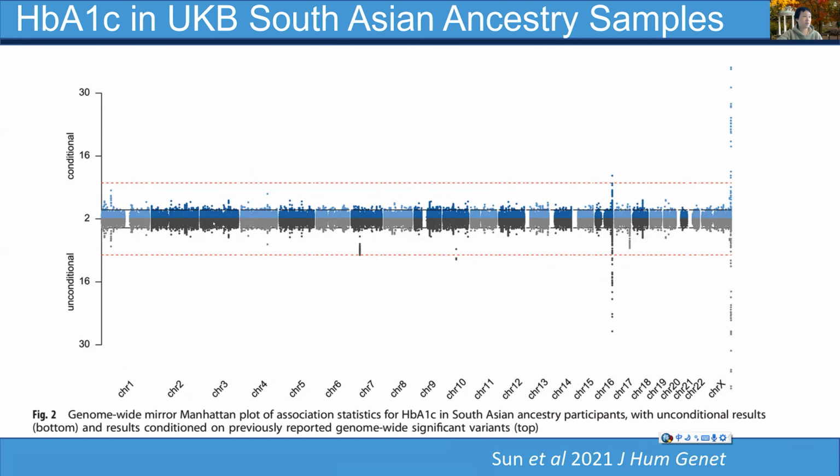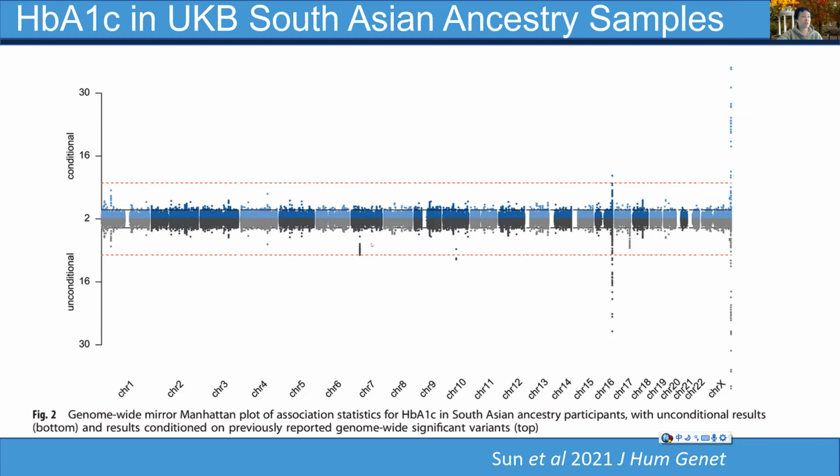And here's a mirror Manhattan plot. On the bottom, it's just the plain unconditional GWAS results. For people who are not super familiar with this, the y-axis is negative log p-value, so the higher you see, the more statistical significance. And the red dashed line marks the genome-wide significance, 5 times 10 to the negative 8.